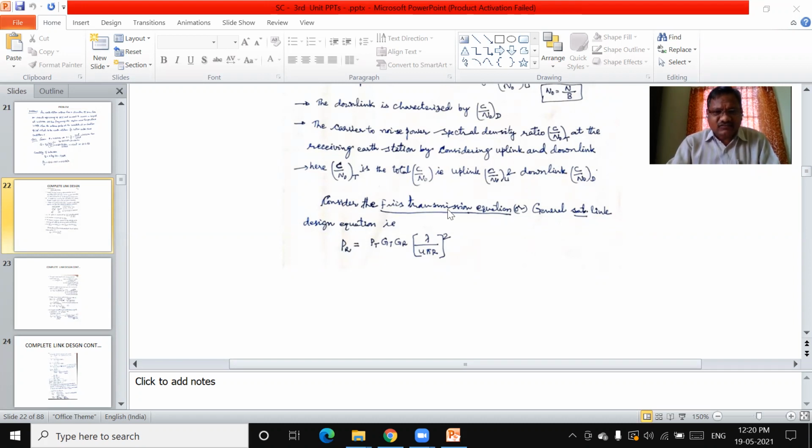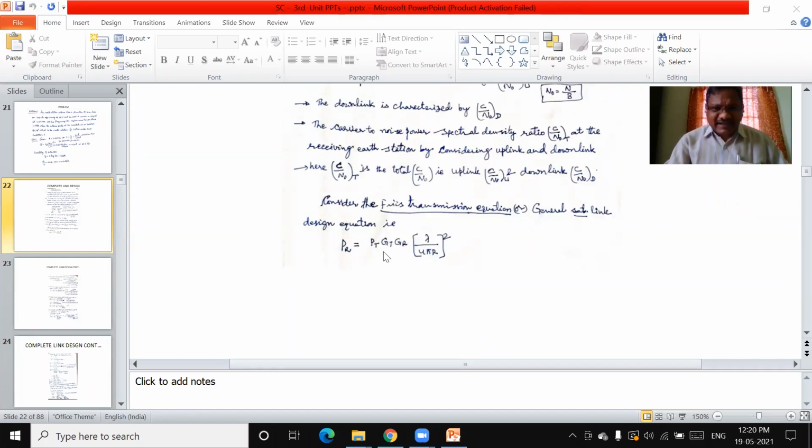PR, the received power, is equal to PT GT GR lambda by 4 pi R square. PT is the transmitting power, GT the transmitting antenna gain, GR the receiving antenna gain, lambda the operating signal wavelength, and R the distance from the earth station to the satellite. All the parameters you know, I am just repeating here.